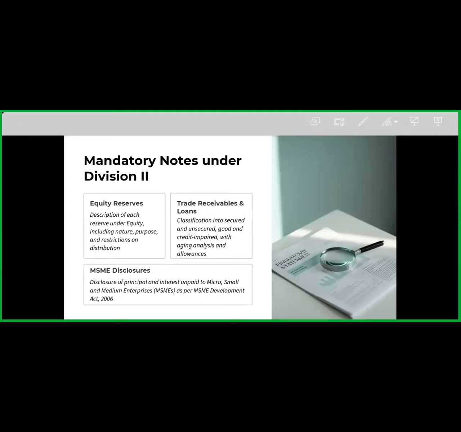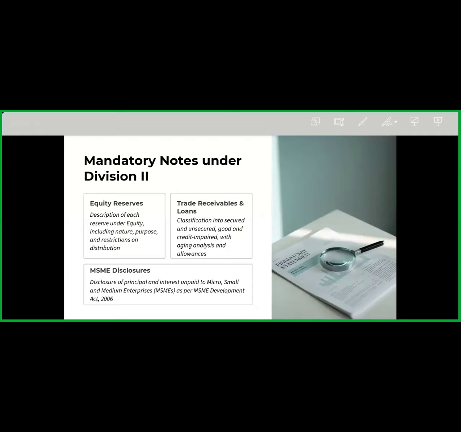These notes are essential in all types of financial statements: from the point of view of the balance sheet, the income statement, the cash flow statement, and the statement of changes in equity. In all these four statements, the notes must be there.